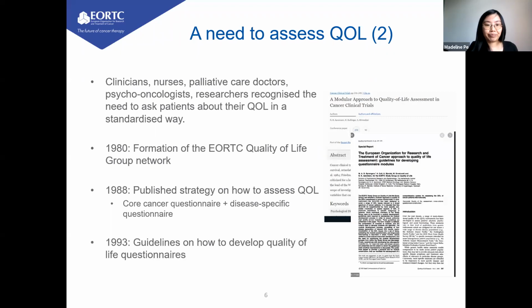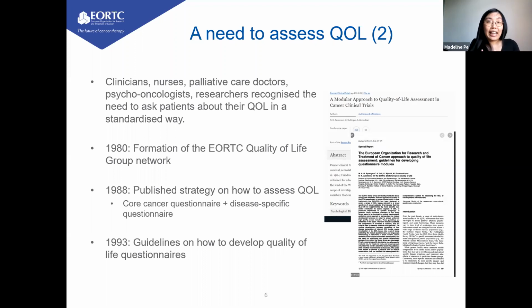Next, please. In 1993, the Quality of Life Group recognized they needed to develop guidelines on how to standardize the process of developing questionnaires. Because of this standardization, the group has been able to create a wonderful resource, the EORTC Item Library, which Dagmara will talk about later.